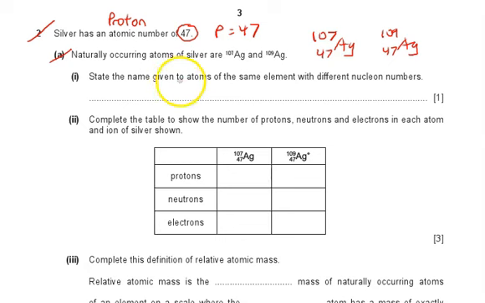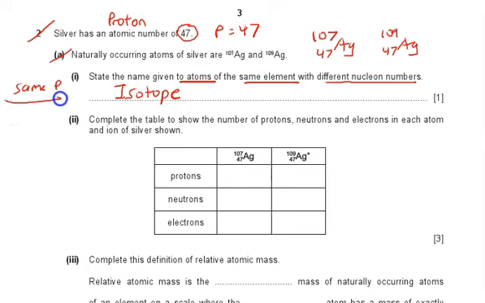State the name given to atoms of the same element with different nucleon numbers. This is an isotope. Please remember, isotopes have the same proton number, but different neutron and nucleon numbers.